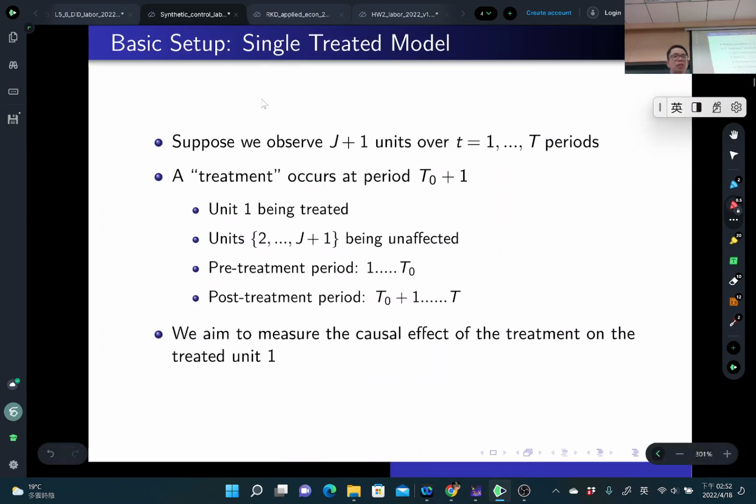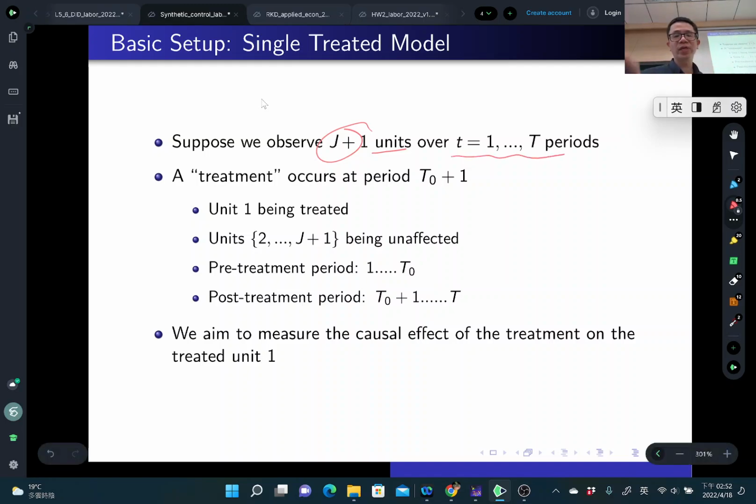Okay, so suppose the notation is like this. We have J units. In this case, it's all the US states, right? 50 states, or 40. I think they only use 40 states. So you can consider J plus 1 units, 40 units.